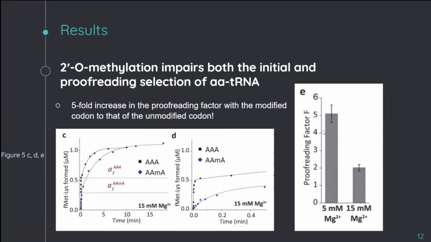And so the proofreading factor under physiological conditions, 5 millimolar Mg2+, is 5.1, and under 15 millimolar magnesium concentration, the proofreading factor is 2. And an increase in the proofreading factor signifies increased tRNA rejection of the modified codon during proofreading. And the researchers also wanted to point out that 2'-O methylation did not induce substantial miscoding by other tRNA species.